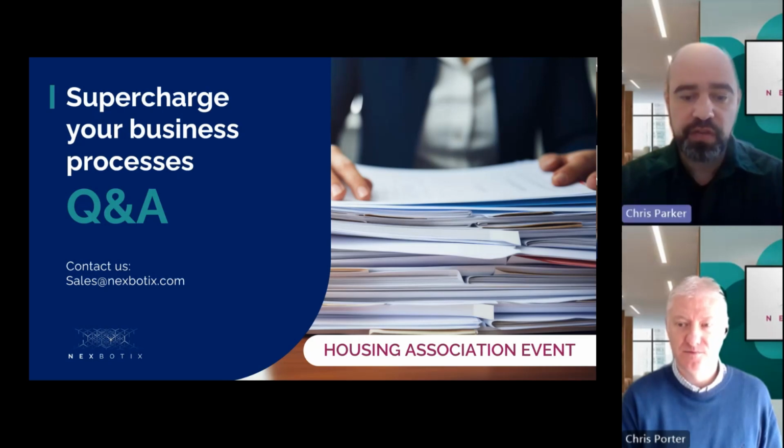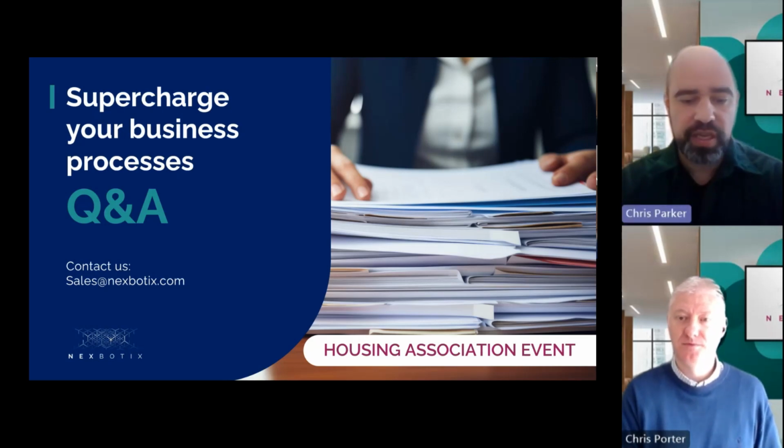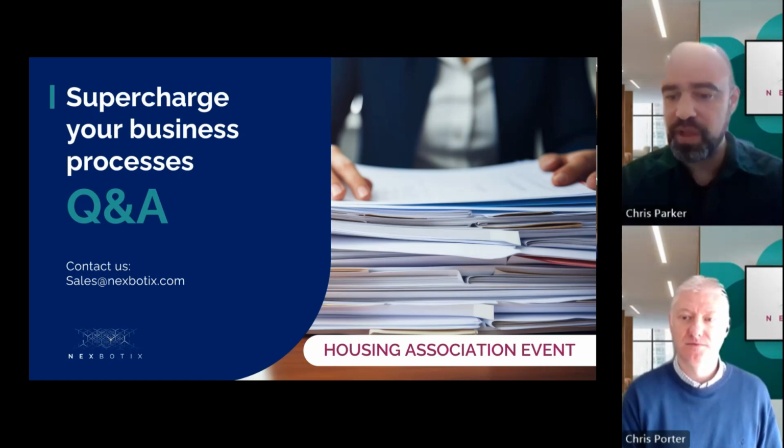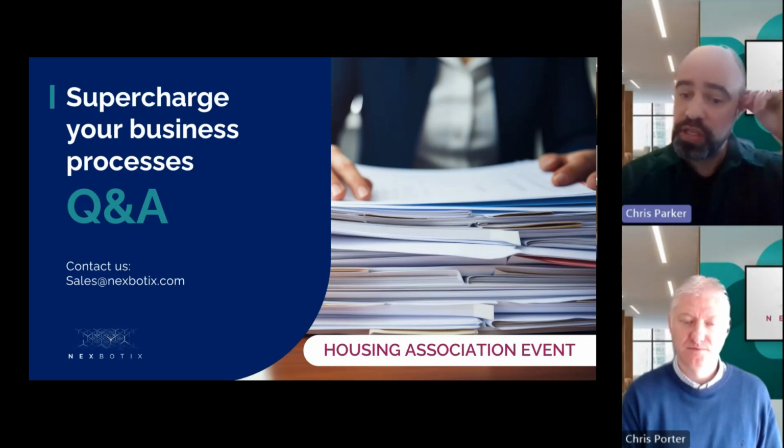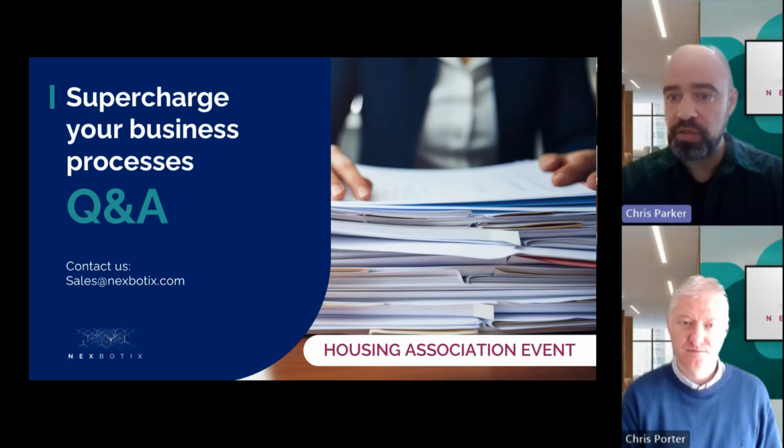Now, the professional services costs refers to the discovery process, the design, build, test, and implementation of your automated solution. The ongoing technology costs refers to the use of our NexBots, which are our bots centered on RPA and AI technology that actually do the work, do the clicks and keystrokes and process the data, and the use of our platform Naya that Chris was talking about a little bit earlier.